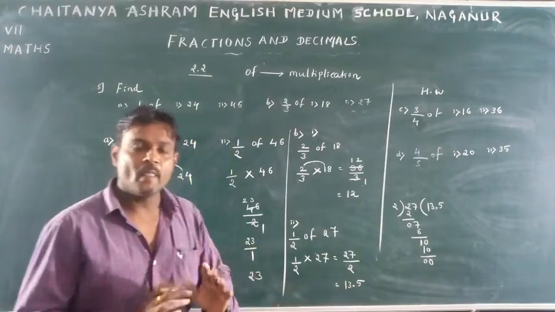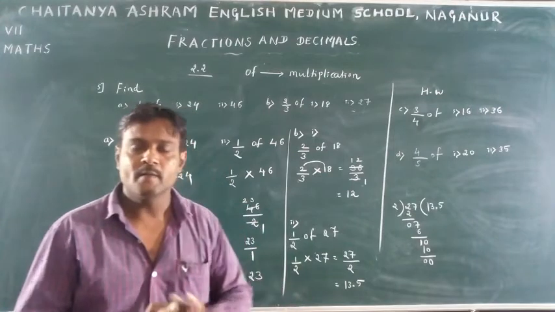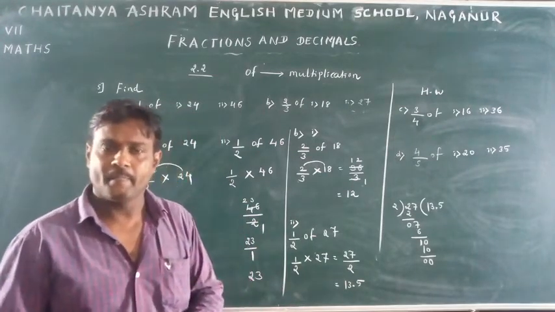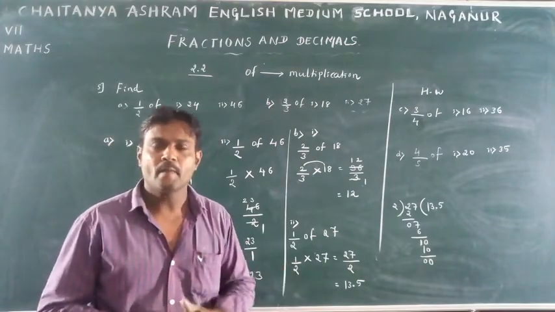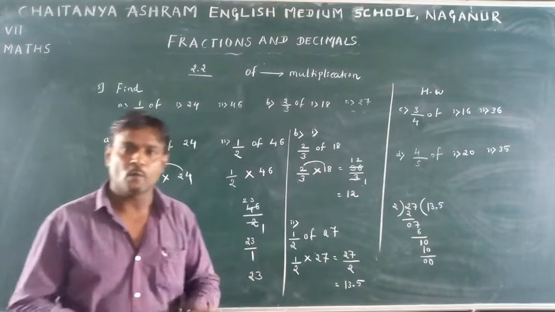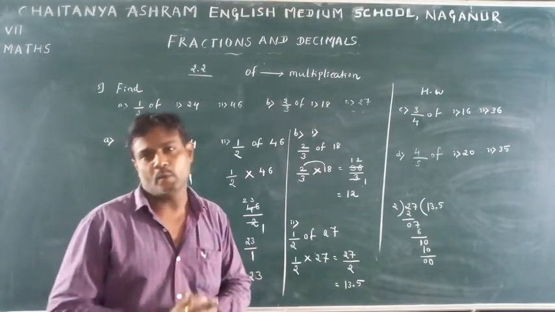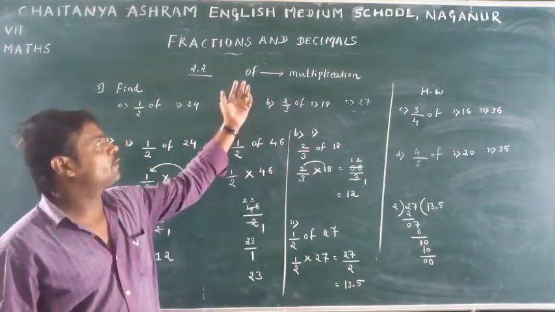Or generally, if you have 27 rupees in your pocket, what is half of 27 rupees? Just think about this. Clearly, that is 13.5 rupees. In this way we use the concept.